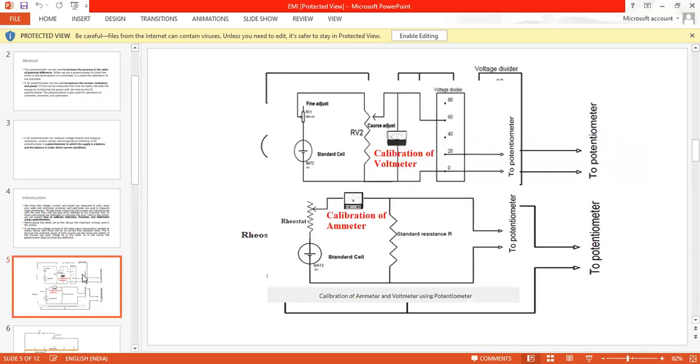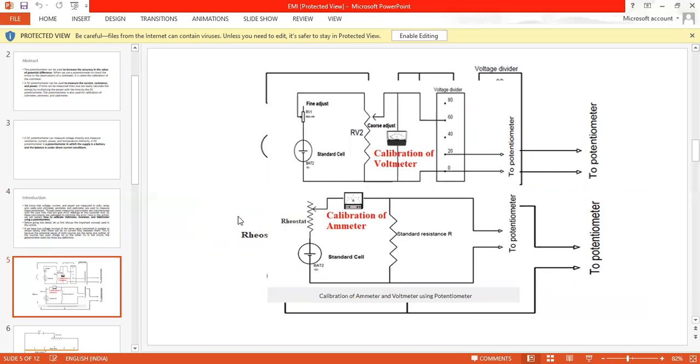The next slide is discussing the potentiometer, and calibration of the ammeter and voltmeter using the potentiometer, where you can see the involvement of rheostat, standard cell, fine adjust, voltage divider, standard resistance, calibration, voltmeter, and ammeter.